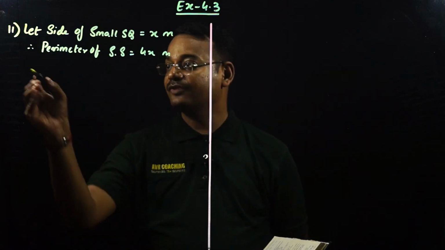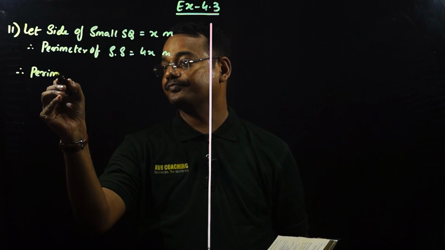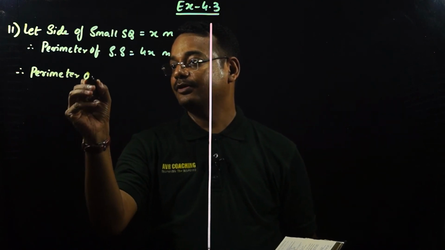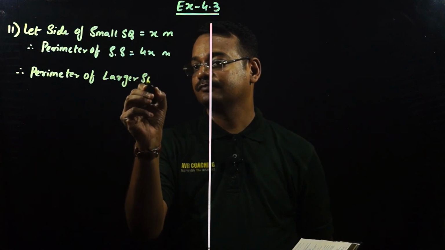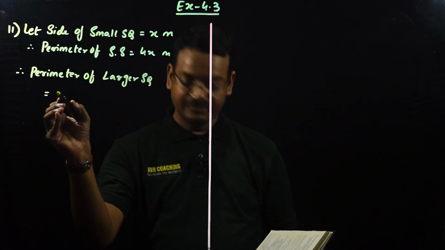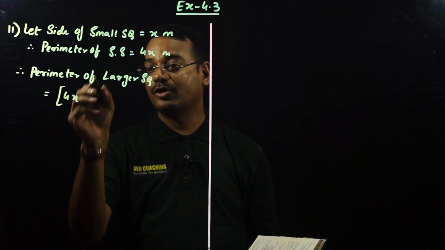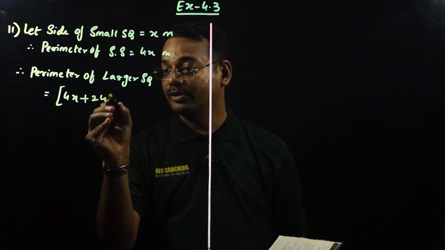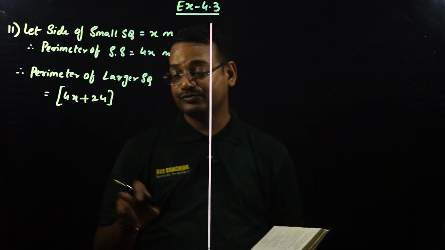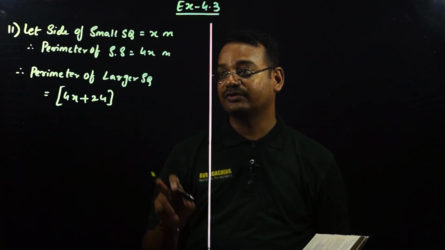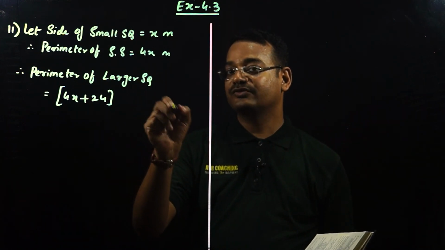Therefore the perimeter of the larger square can be written as 4x, that is the perimeter of the smaller square, plus 24, because in the condition it is given that the difference of their perimeters is 24, that is larger square minus smaller square is equal to 24.